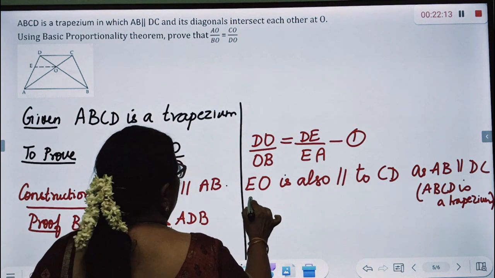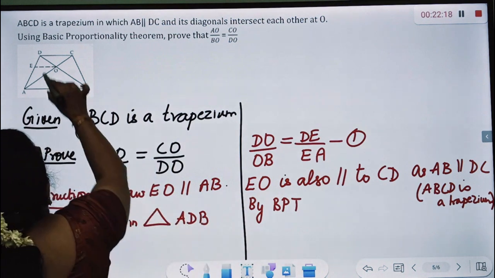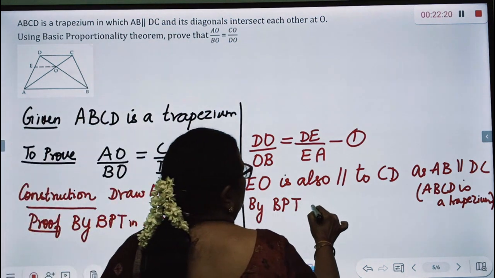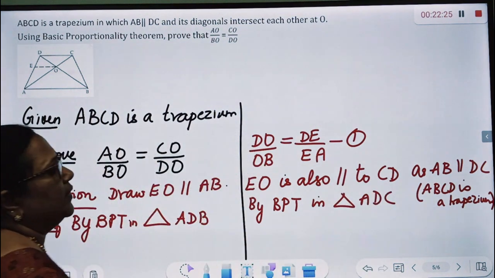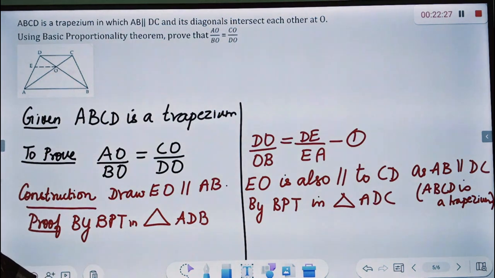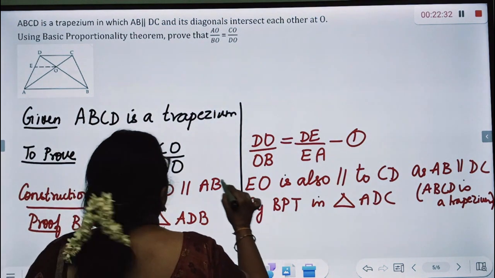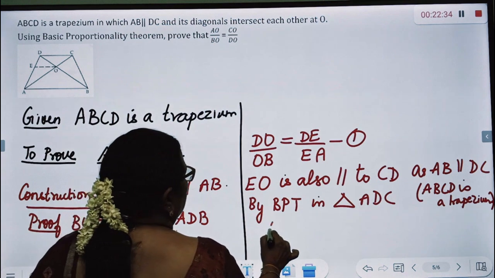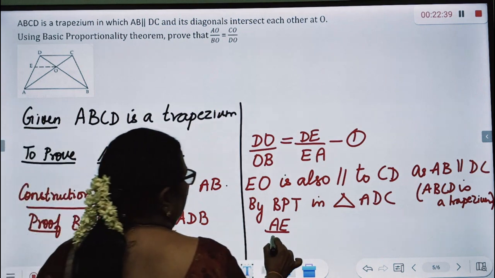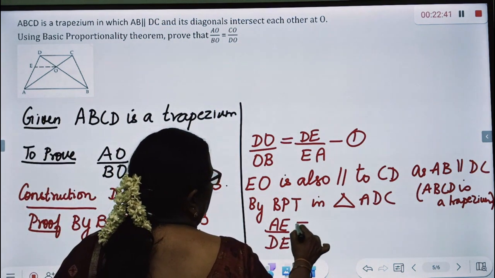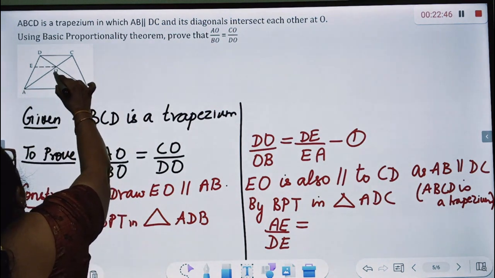So I can again apply BPT. By BPT, I am looking at triangle ADC. In triangle ADC, since EO is parallel to DC, AE by DE is equal to OA by OC.